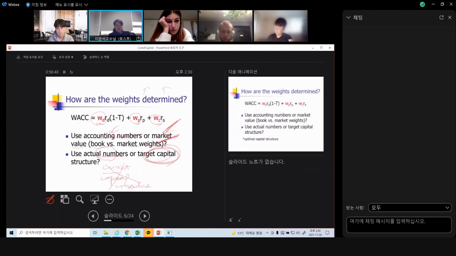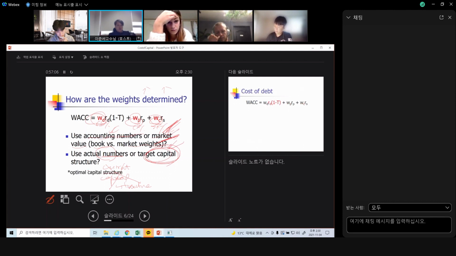This is 15%, this is 10%, this is 75%. Those figures can be used as weights, so you need to focus on the market value and the target capital structure.